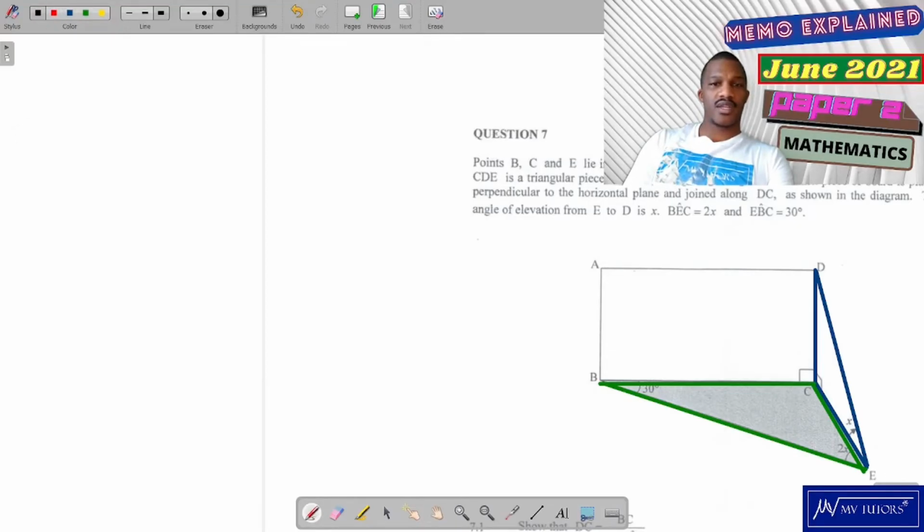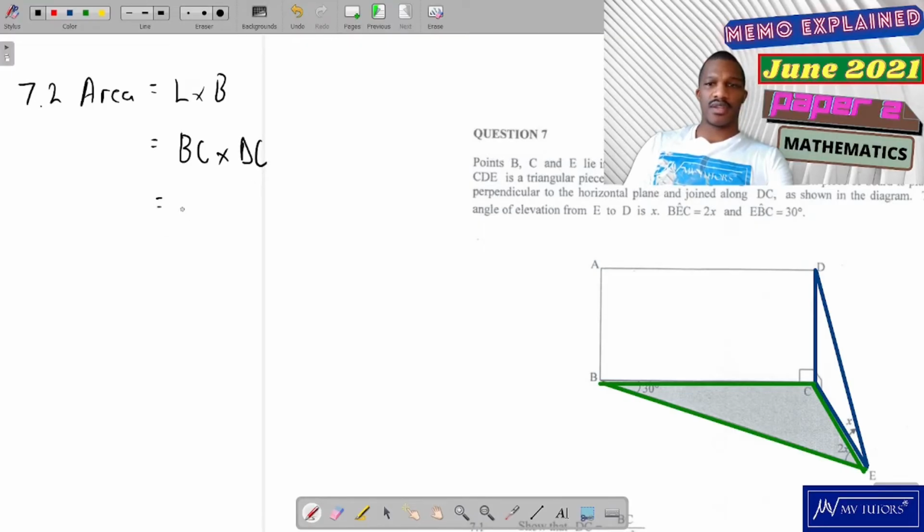I'm going to say the area of ABCD is equal to length times breadth. Now what is our length? Our length is BC. Our breadth is DC. Okay, so let's just solve for that.